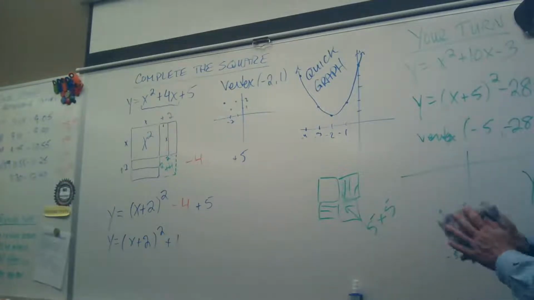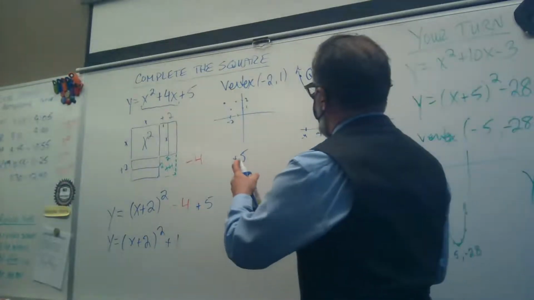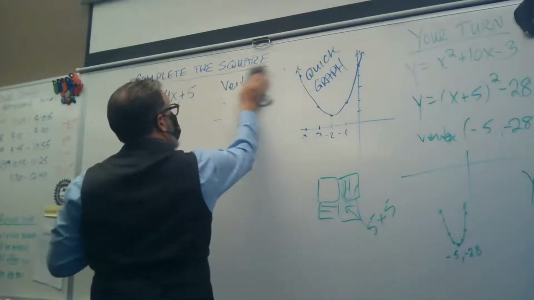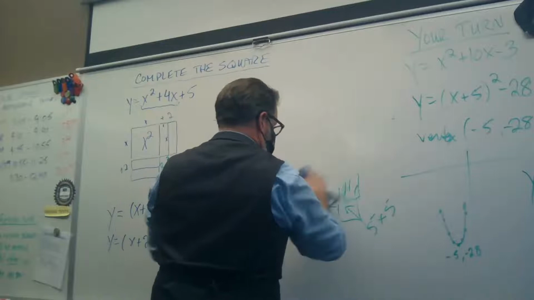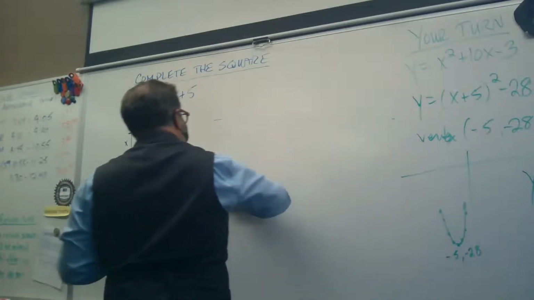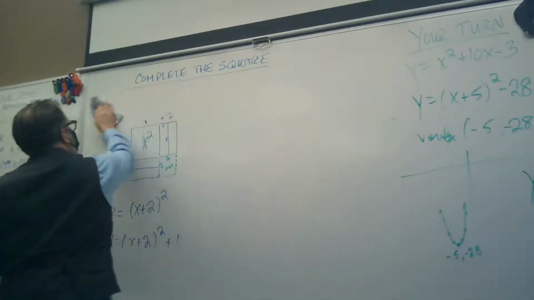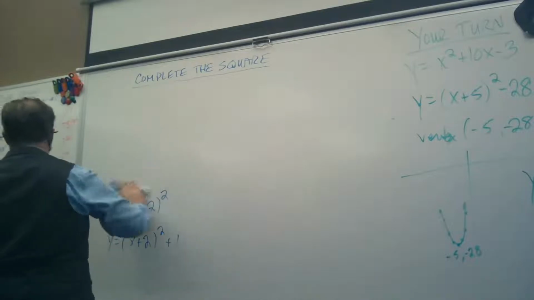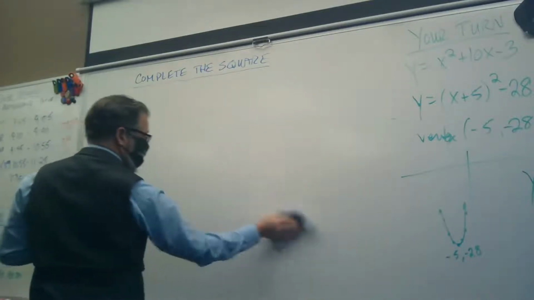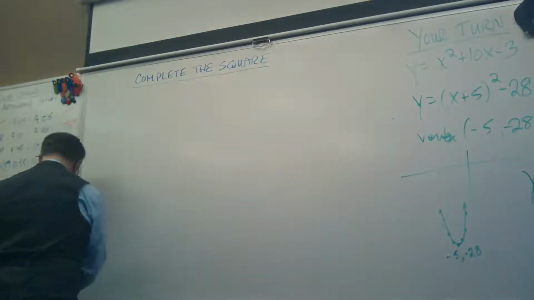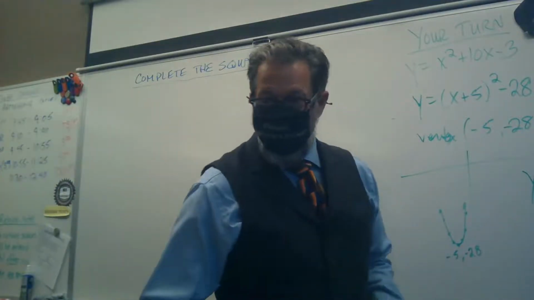Okay, so I'm going to erase my example. I'll leave that over there for just a second, because now I want to do a different example, slightly more complicated, because that's how we roll.